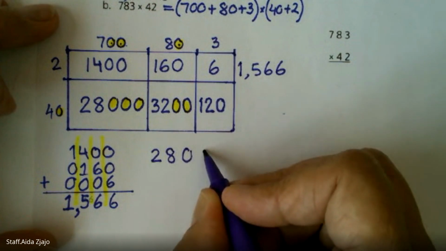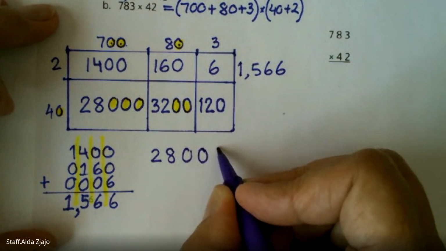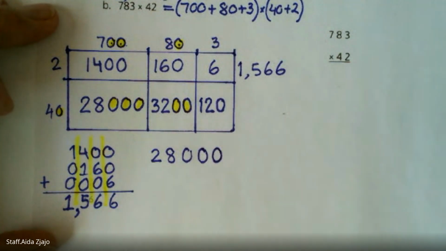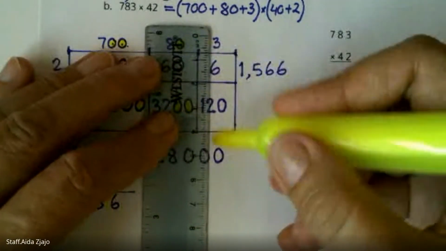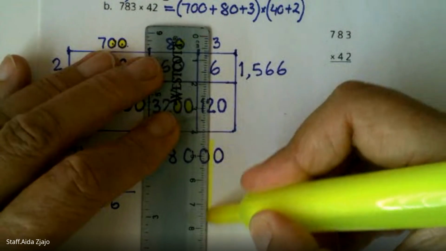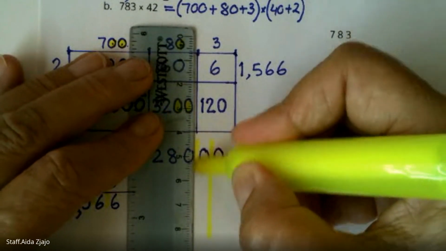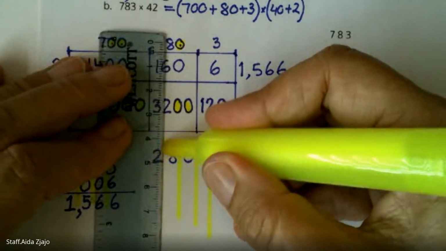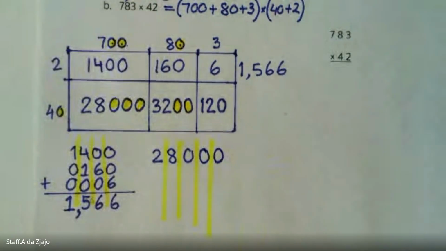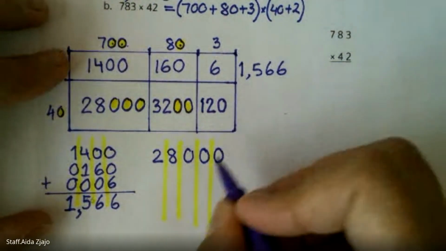Okay, next, this 228,000. I don't put commas when I do calculation, because sometimes in very fast work, children think the comma is a 1, and then they make silly mistakes.